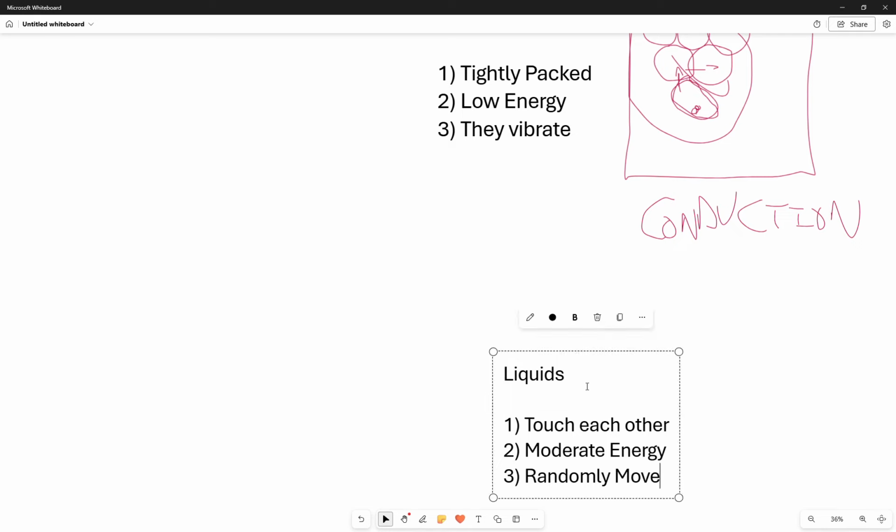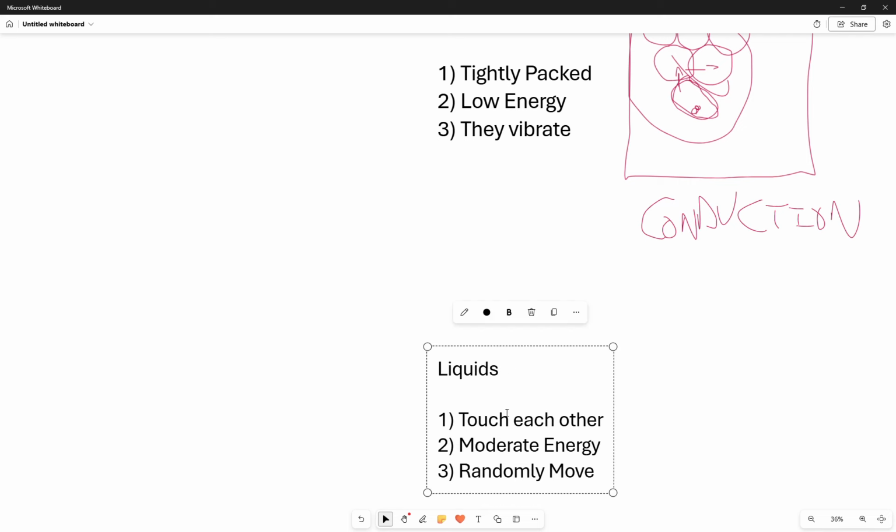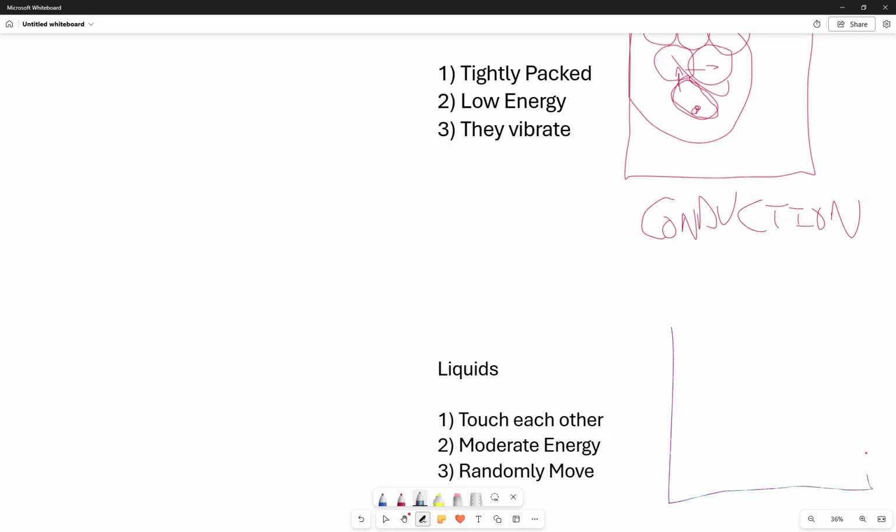And again, if I have to draw this, I would draw liquid like this. They are close. They do touch each other a bit.